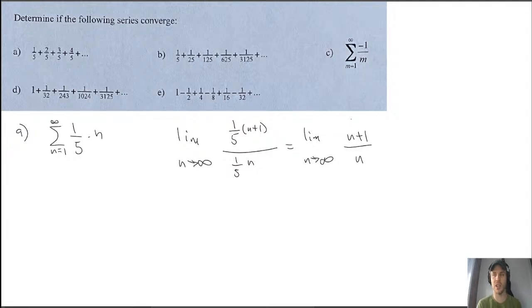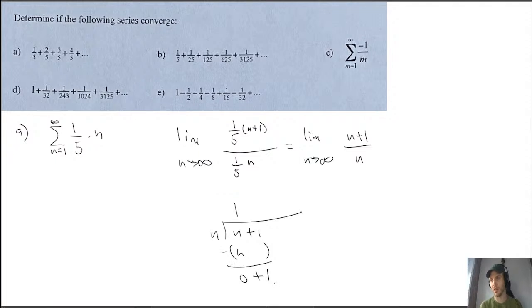Now we can use limit laws to figure this out, but let's really think about it. Well, here, let's do long division. So if we do long division on this, we do n into n plus 1. 1 times n gives us n. You subtract, you get 0 plus 1.